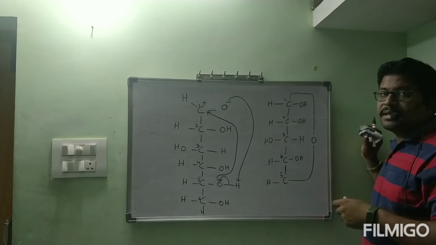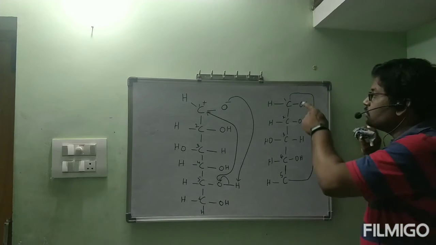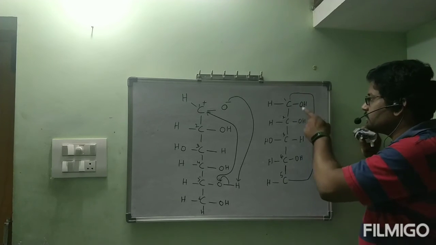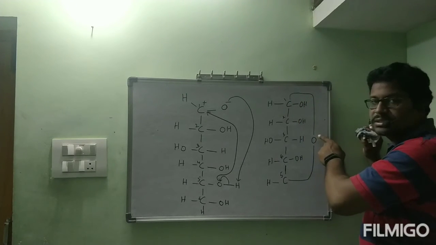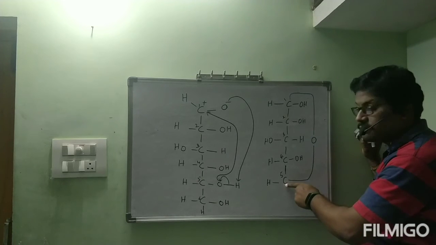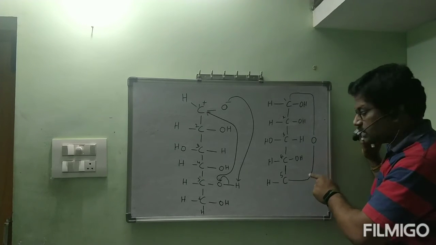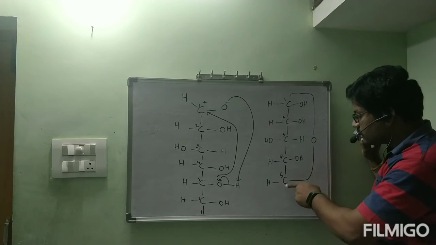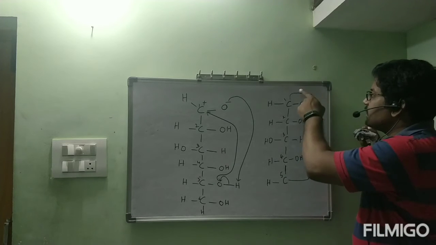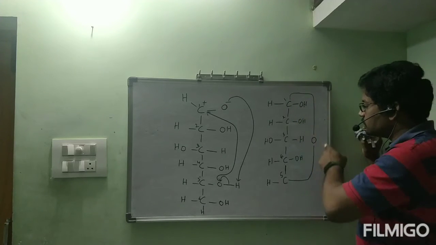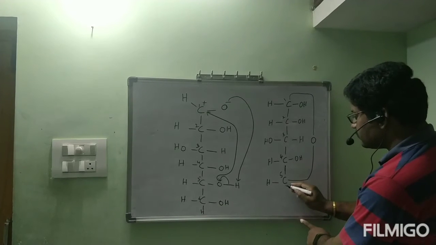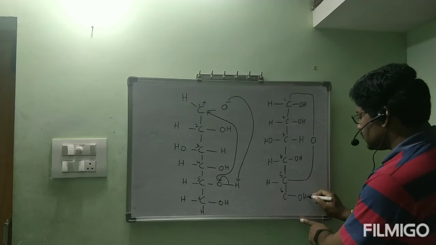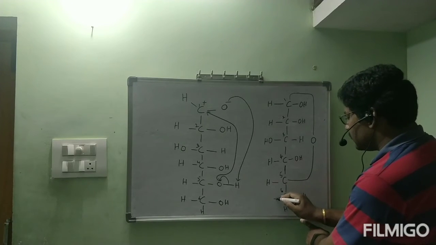Please don't compare this bond line representation and think that this is one carbon and again this is a carbon. This is totally one bond. Carbon has a bond with oxygen, and again this oxygen has a bond with carbon. This is one bond only, and this is entirely one bond. This is the closure structure. And finally, the sixth carbon has right side OH, H, and left side H.